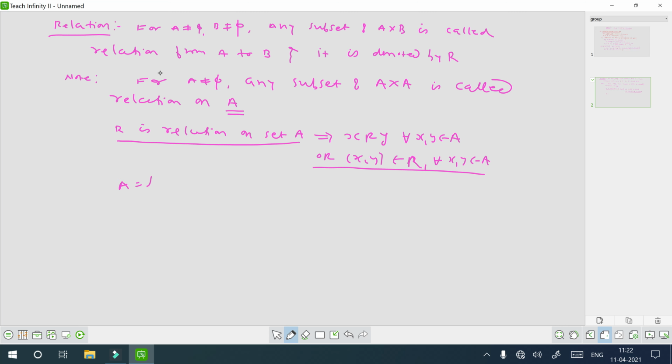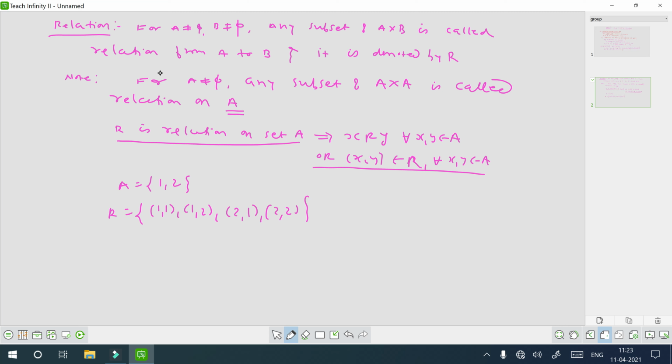For example, let us consider A is equal to {1, 2}, and let us consider R is equal to {(1, 1), (1, 2), (2, 1), (2, 2)}. Consider this set. It is a subset of A cross A and is a relation.